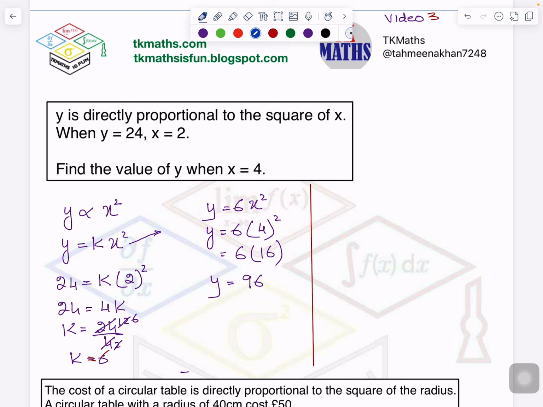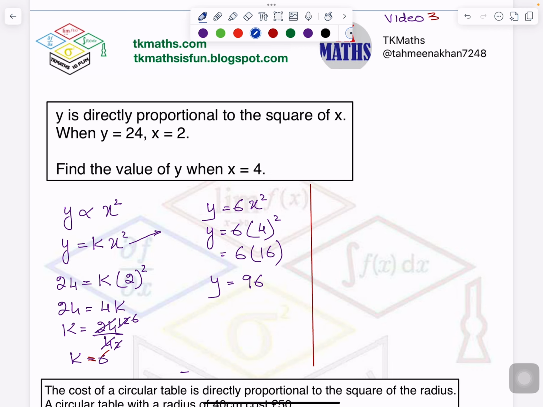When the question says directly proportional to the square of x, the proportionality symbol is the right one to use, but we can also use another way, because the question is not saying express y in terms of x, or express an equation of y in terms of x. So if you want to do this specific question by cross multiplying, you can do that.